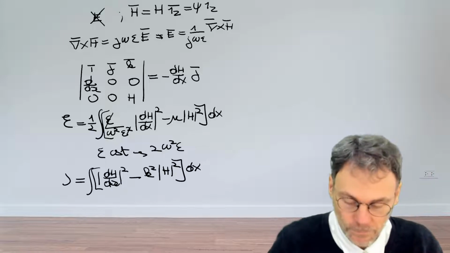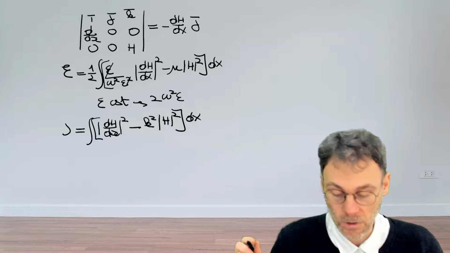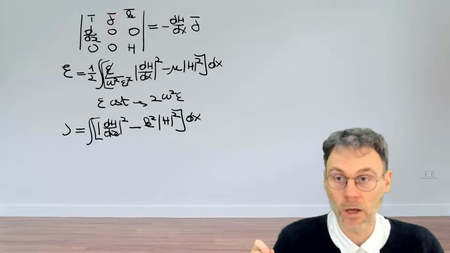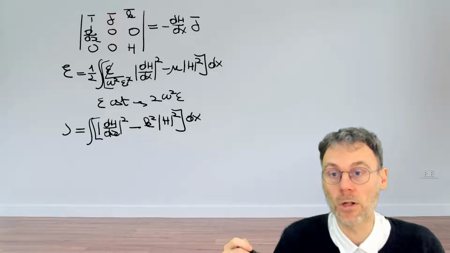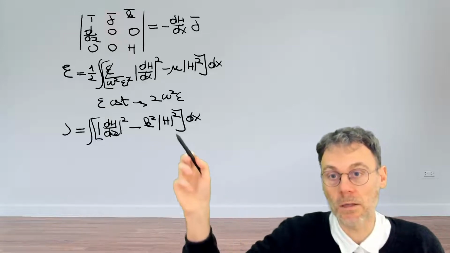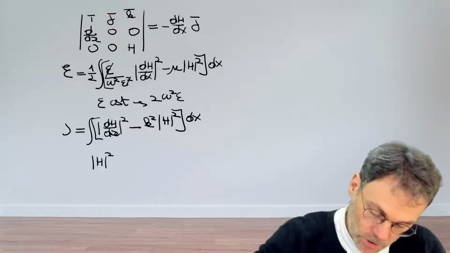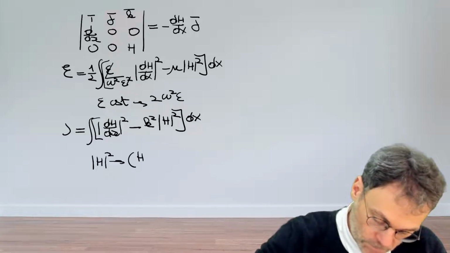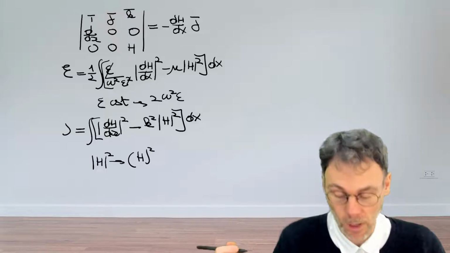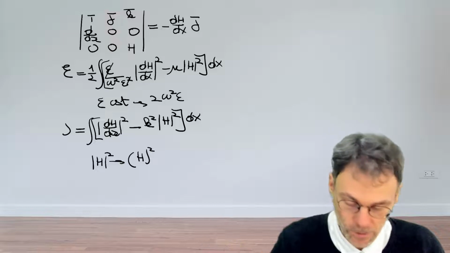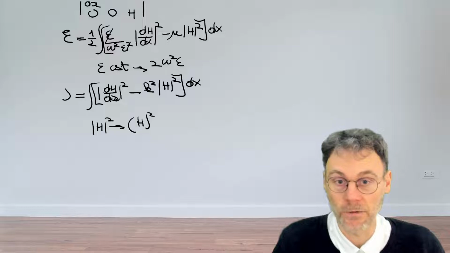Okay. A final cosmetic operation is that, also in the case of lossless functions, you can actually prove that you can make a scalar multiple of h in such a way that we can replace the absolute values here. So for example, the magnitude of h squared, we can just replace with h squared, and the same for the derivative. We're not going to do that, but that's something that you can do in practice. That simplifies things even more.